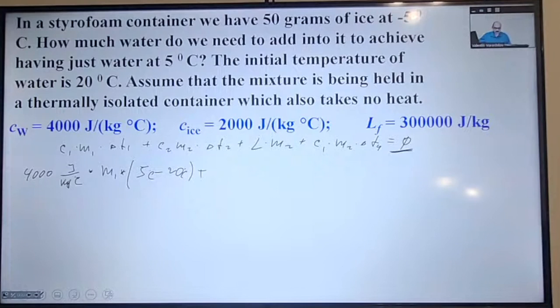Moving on, plus the next one, it was ice warming up, specific heat of ice, joule per kilogram Celsius, times mass number 2, 50 grams, times, remember that ice warms up from -5 to 0, and then it melts.